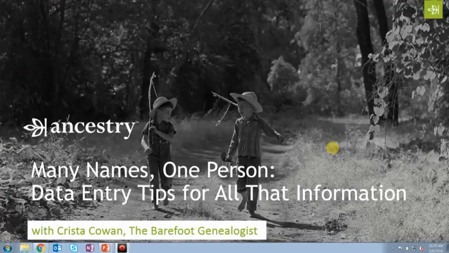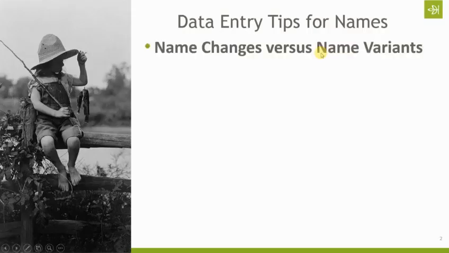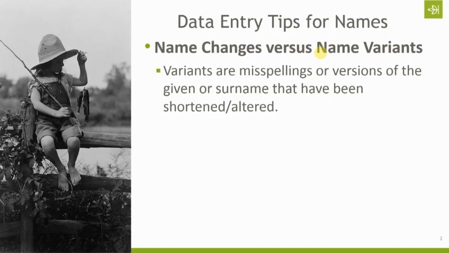The first thing that we're going to talk about is the difference between a spelling or name variation and an actual alternate name, okay? So variants are just misspellings or versions of the given name or surname that have been shortened or altered.